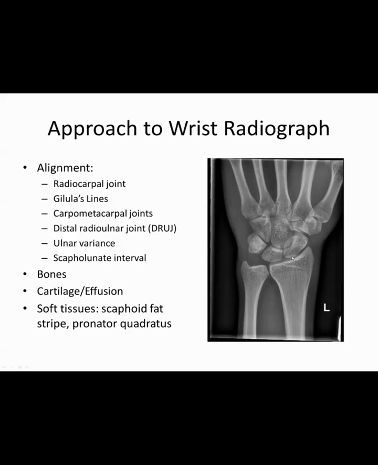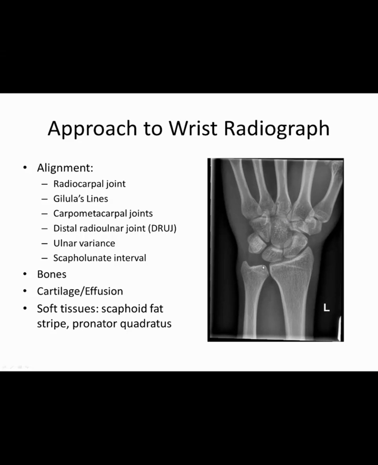This should cup these carpals nicely, and the most distal articular part of the radiocarpal joint should be the radial styloid over here. Next, you have Gilula's lines, which are the carpal arcs, which should form 3 smooth uninterrupted arcs. You should see a lazy M appearance to these carpometacarpal joints.